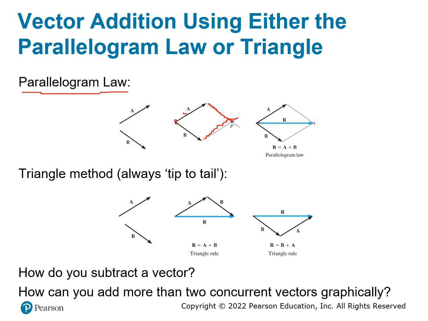The other way you can do it is the so-called triangle method, and you do a similar thing. You start from any of the vectors. Let's say you start from vector A, starting from this point to the head at this point.